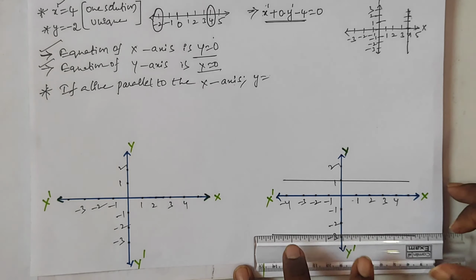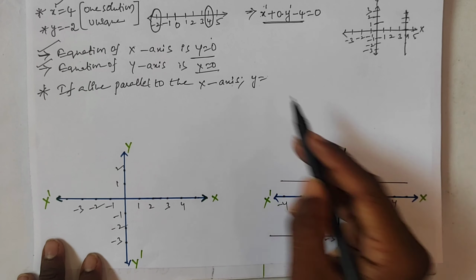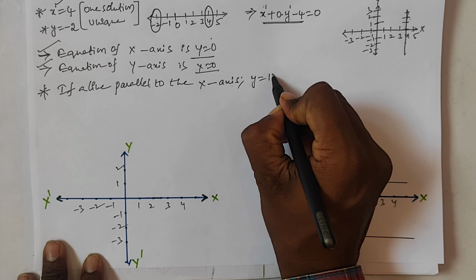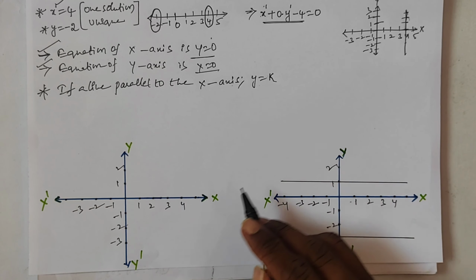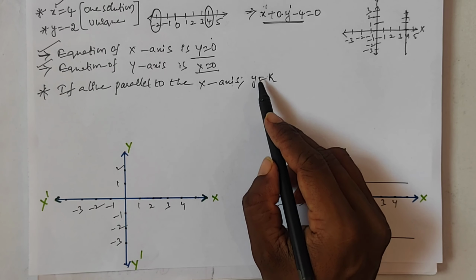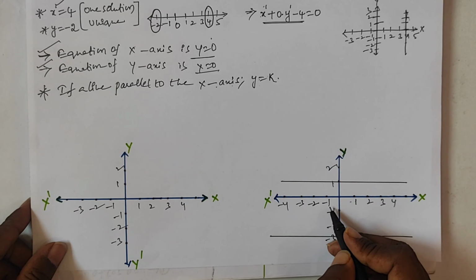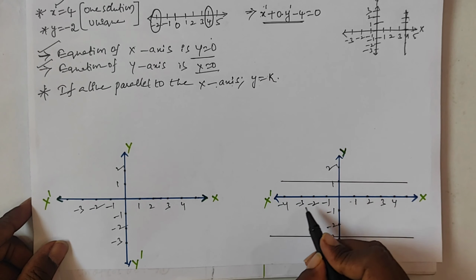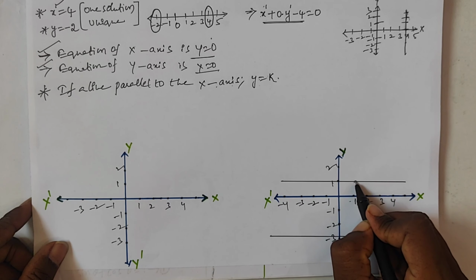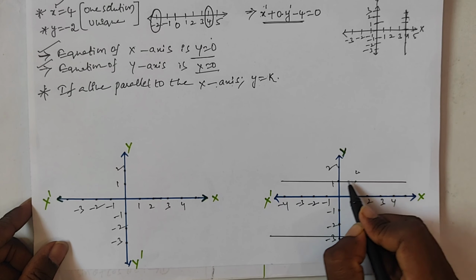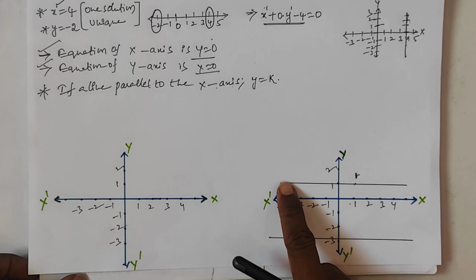You can draw infinite parallel lines to the x-axis. Now what about the value of k here? You will get a constant, k. So y equals any constant. Suppose I consider the value 1. Then it is parallel, right?